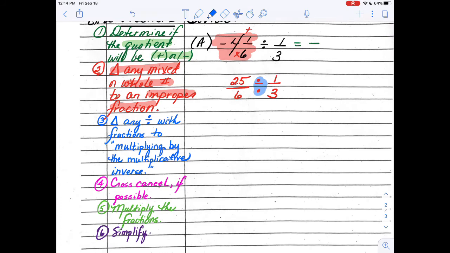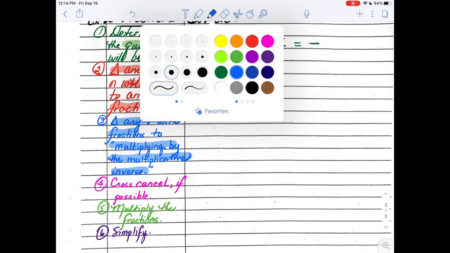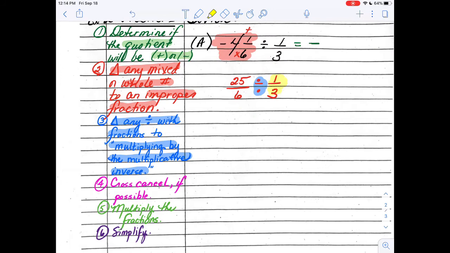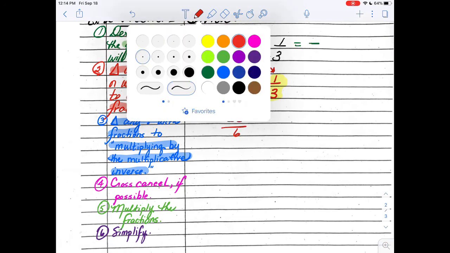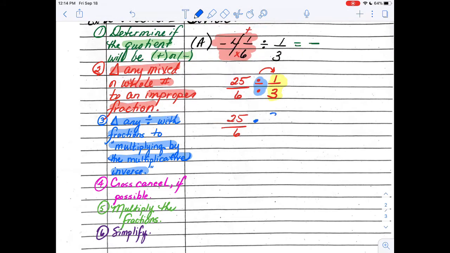We're going to change any dividing with fractions to multiplying by the multiplicative inverse, which means we're going to change that division to multiplying, but we're going to change that second number right there into its multiplicative inverse, flipping it over. So this becomes 25 over 6 times 3 over 1.